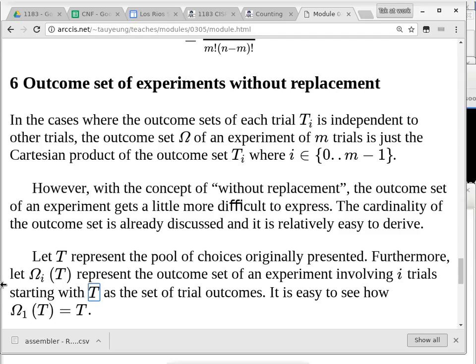I actually misspoke. Omega i is the outcome set of an experiment that involves i trials. So that would be basically the outcome of trial 0, trial 1, trial 2, all the way up to trial i minus 1. It's the outcome set of that. Is that okay? Are we clear on the terminology itself?